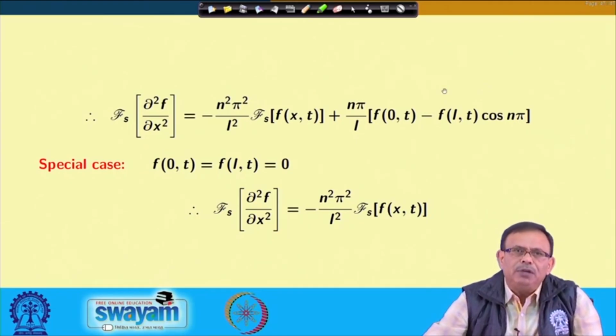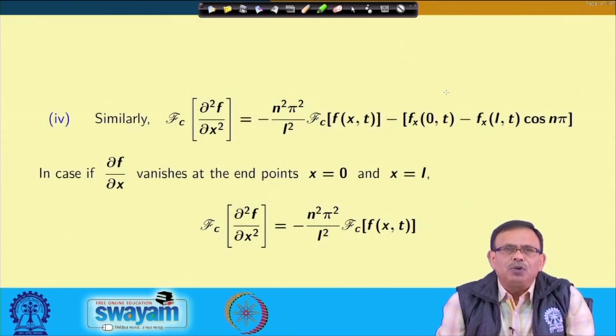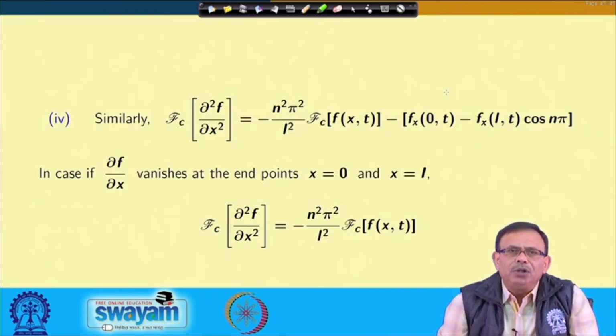In the same way, if you proceed, you will find that the Fourier cosine transform of ∂²f/∂x², if you process similarly, will be minus n²π²/L² into the Fourier cosine transform of f(x,t) minus f_x(0,t) minus f_x(L,t) into cos nπ.